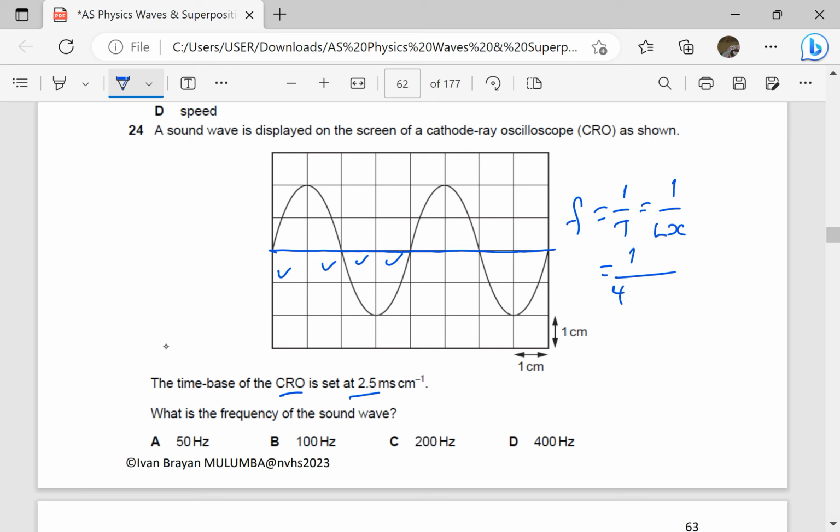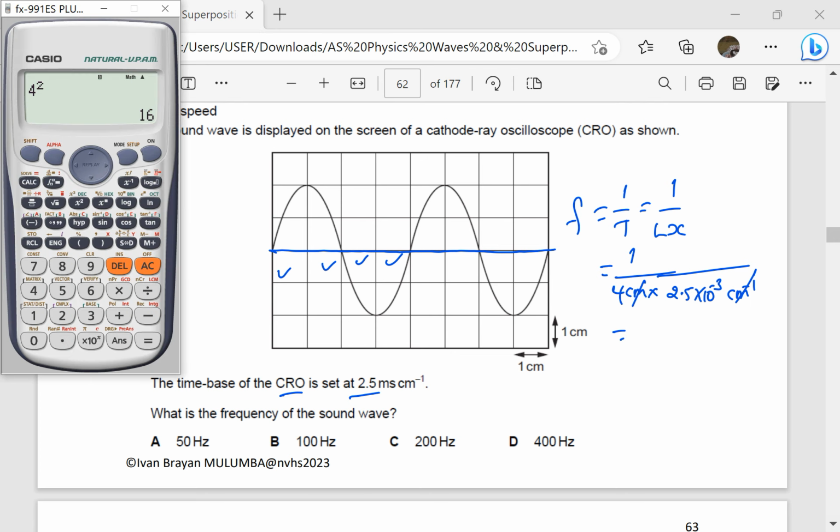So that is 4 centimeters times time base setting, which is 2.5 times 10 power negative 3 to change it to seconds per centimeter. So per centimeter cancels with that. So you remain with 1 divided by 4 times 2.5 exponent negative 3. So the answer here is going to be 100.